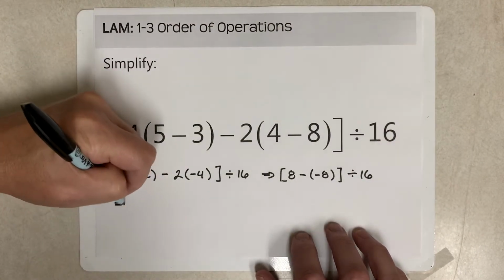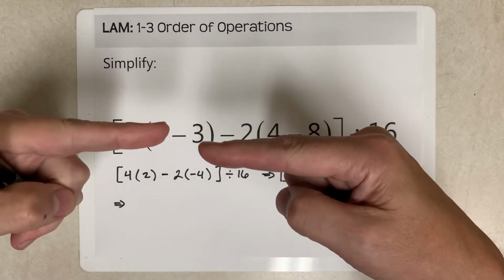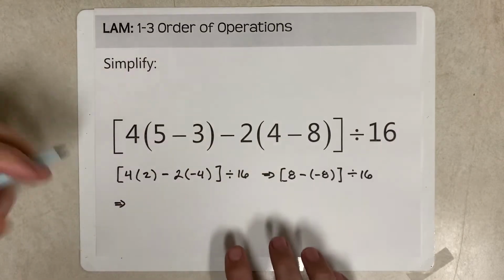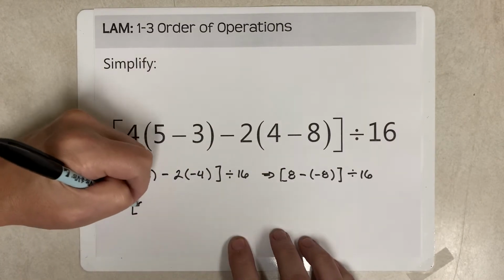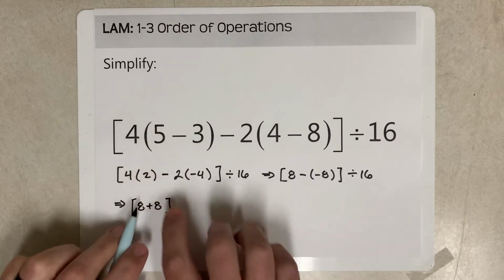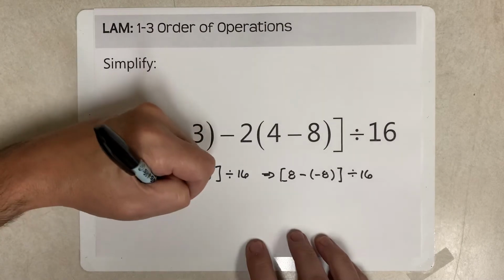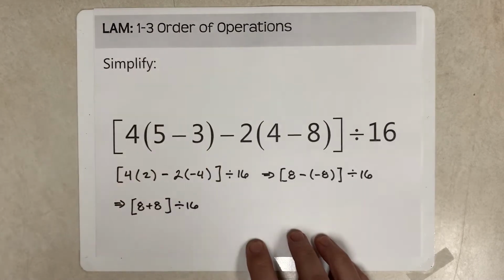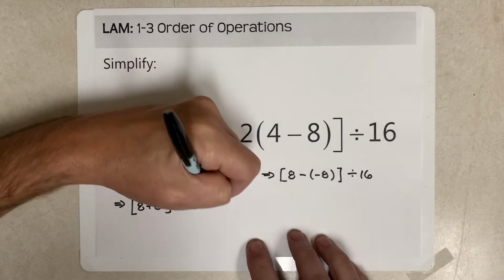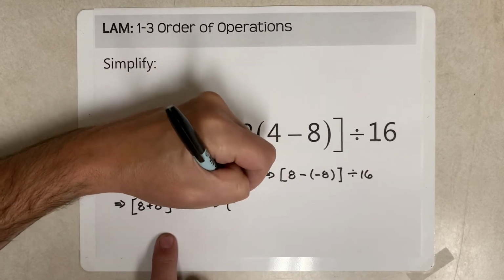Okay, let's go down here. 8 take away -8. Now remember, when two negatives are side by side, they make a positive. So we really have 8 plus 8. And I could really just use parentheses right now if I want to, but I'm keeping the brackets, it doesn't matter. Divided by 16.